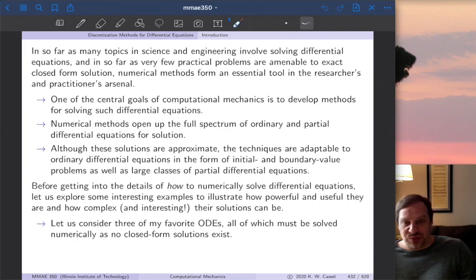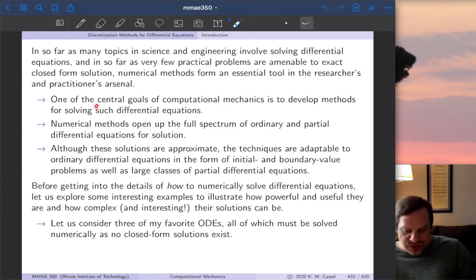That means they're approximate solutions, but that's the price you have to pay for getting solutions to these more complex situations than you can get analytically. Now, we still need to understand those analytical methods. We still need to be able to apply them when they do apply, but more often than not, we're going to have to resort to numerical methods, as we'll discuss here.